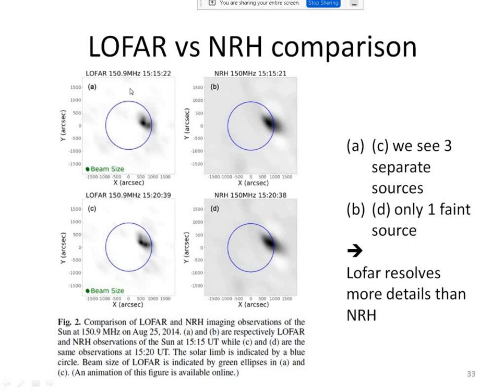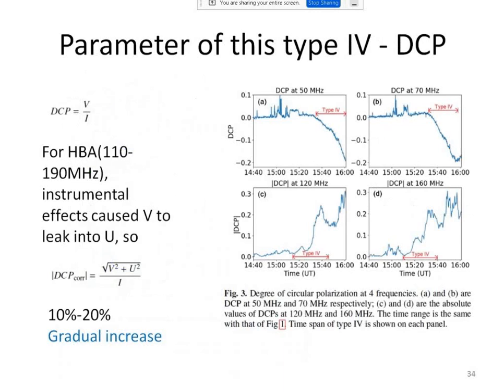By 3 separate sources, I mean, for example, here they are separate, like here. But on NRH, which is a very old instrument, and it's still working, which is already amazing, you can only see 1 faint source. So we can conclude that LOFAR has a much better spatial resolution than NRH.